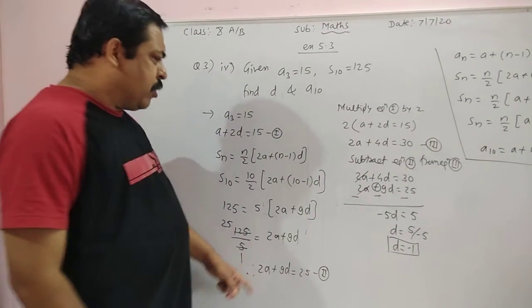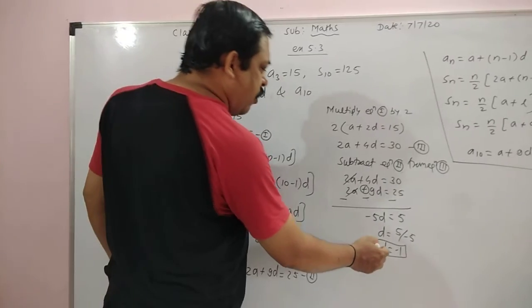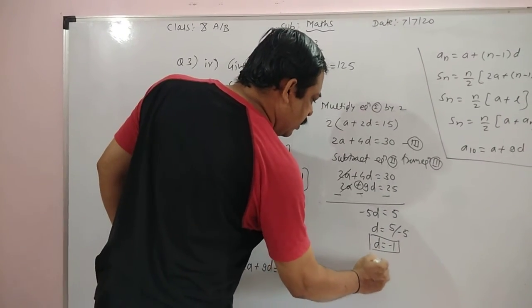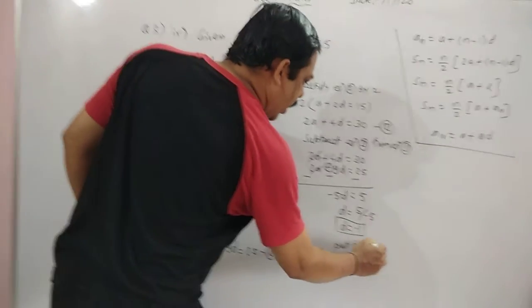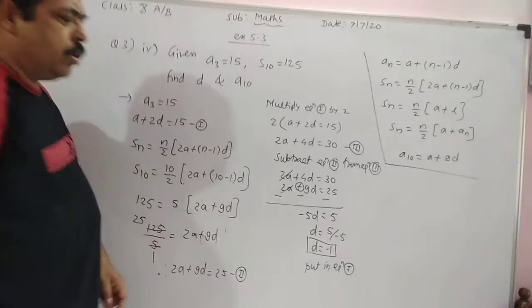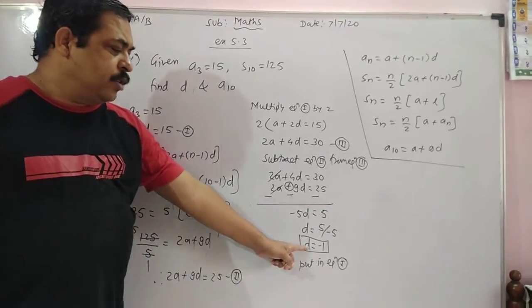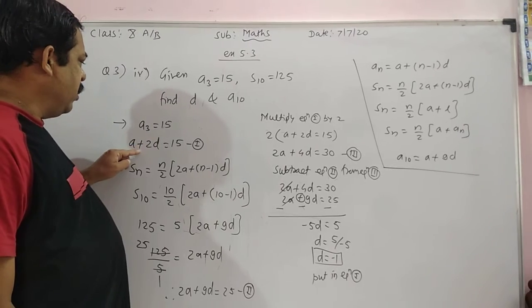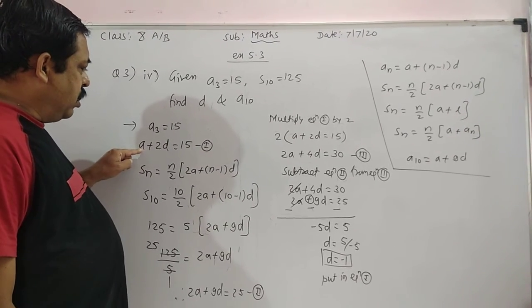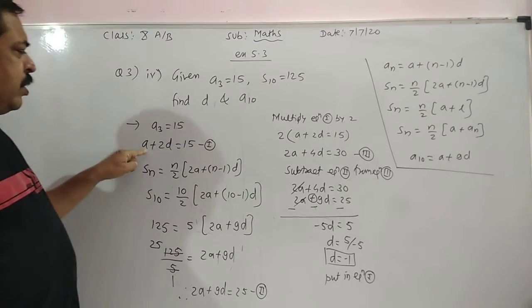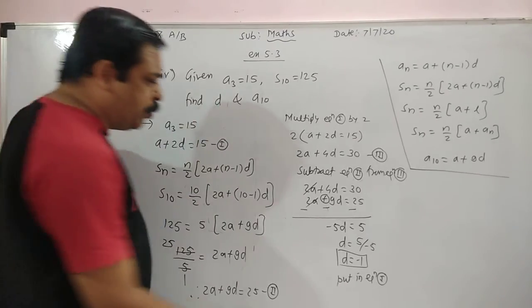For that we need a also. Therefore first we find the value of a. Put in equation 1. We are going to find the value of the first term a by this equation 1. a plus 2d is equal to 15.